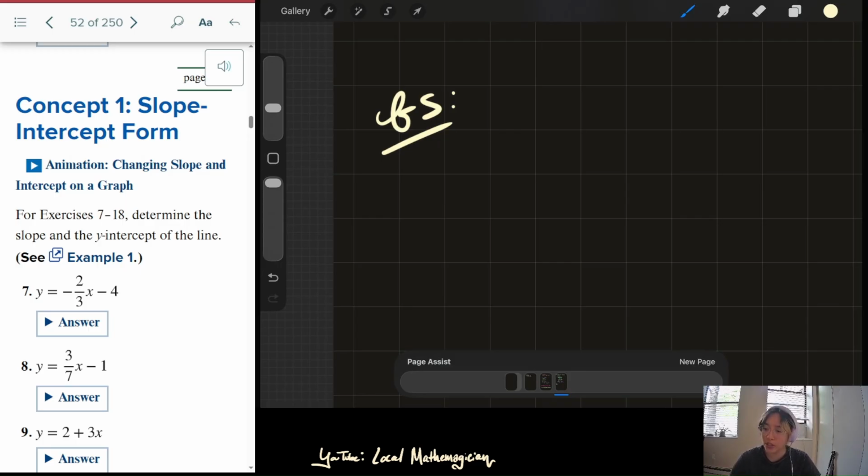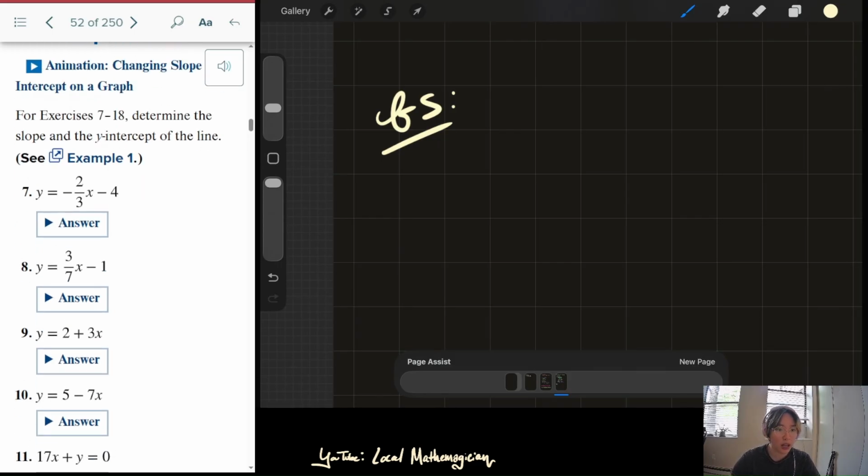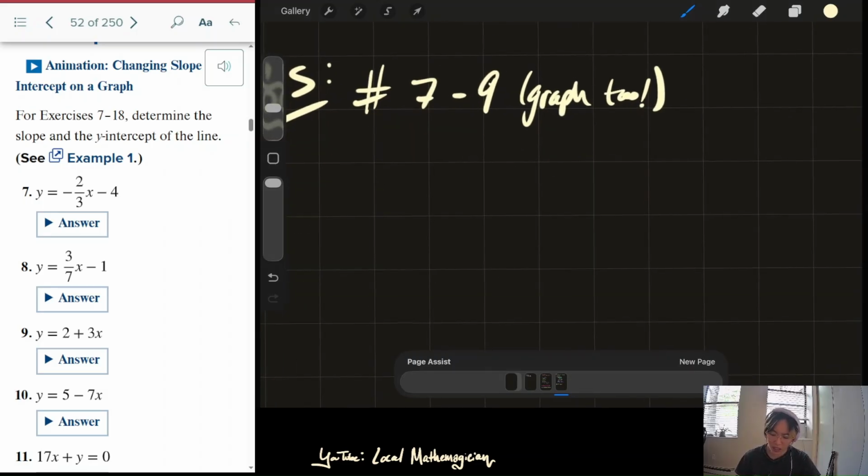On page 52, chapter 2.3's exercise problems, I want you guys to do numbers 7 through 9 and graph them, because this will exercise your ability to determine the slope and the y-intercept, as well as your ability to graph off of point slope. Again, graphing off of point slope is a lot faster in my opinion. That's just me. And I also want you to find the x-intercept as well.